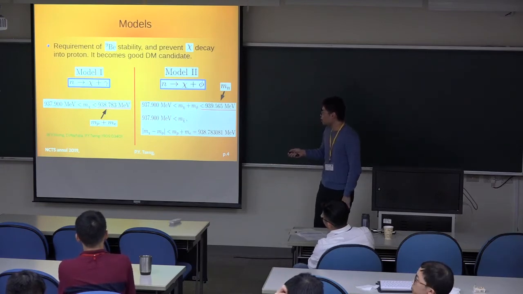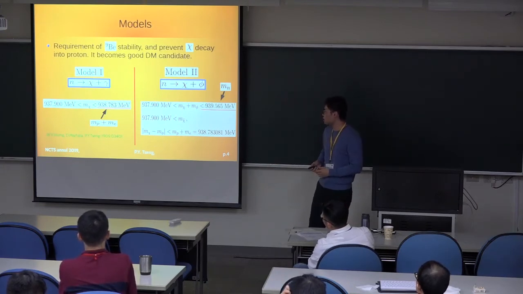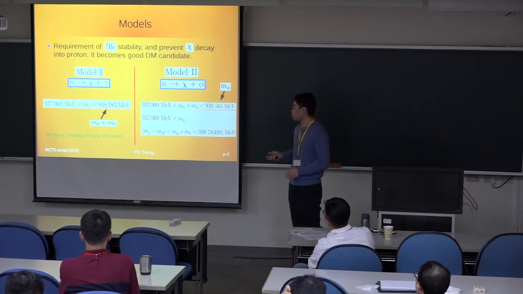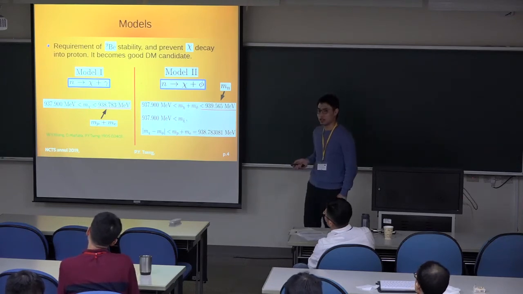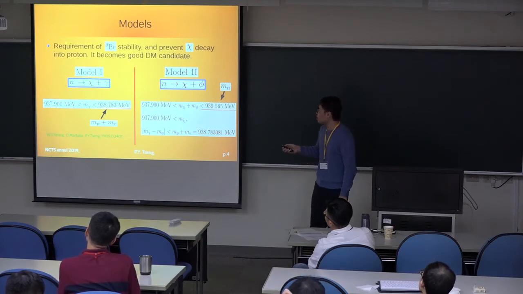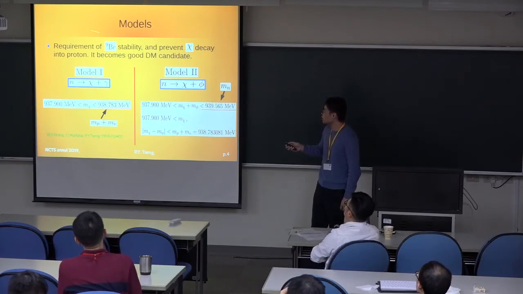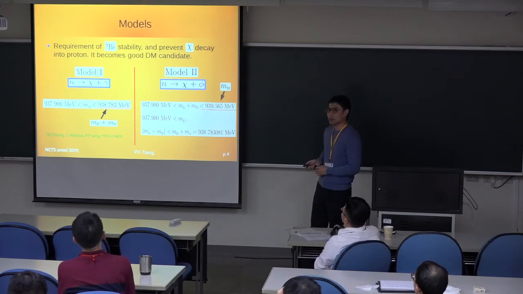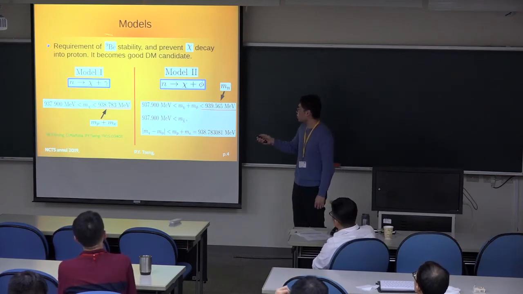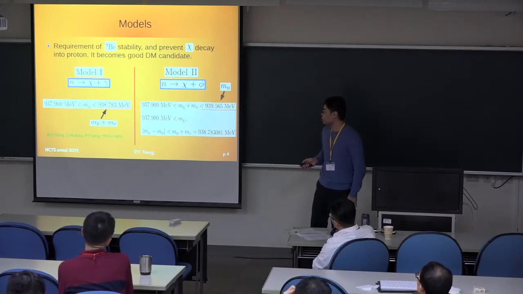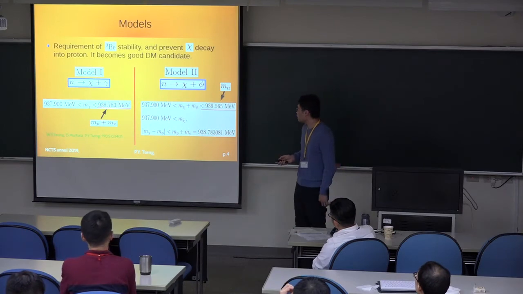The lower bound of the mass comes from requiring the proton to be stable, otherwise the proton will decay into chi and an electron. However, a more stringent constraint comes from the stability of beryllium-9. It turns out beryllium-9 gives a more stringent constraint than the proton decay constraint.